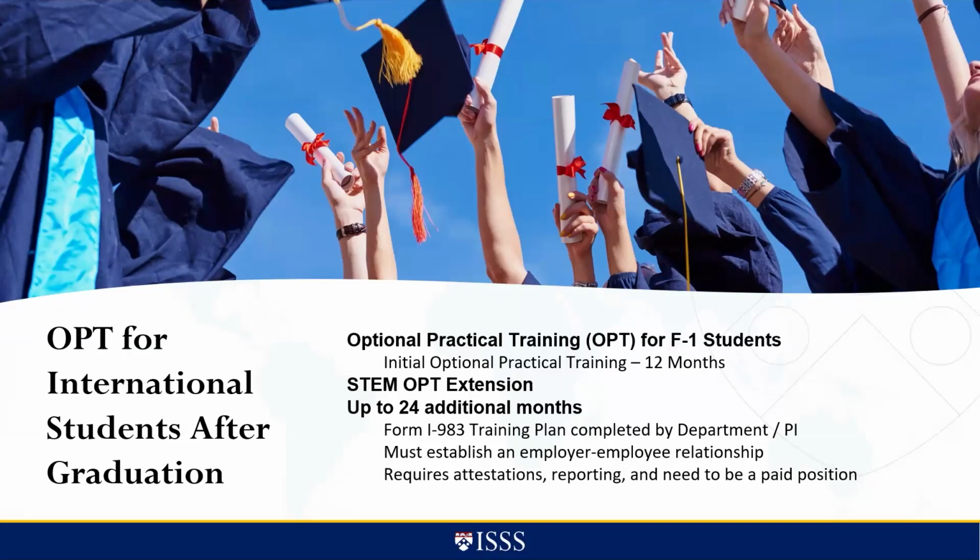So during OPT, we do not need to do anything. For STEM OPT, your department will need to sign a form called I-983. The student will give you the form, and you just have to complete it as the employer. Okay, so this is about OPT. Then next slide.